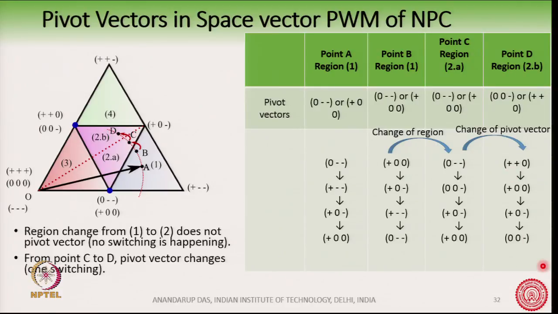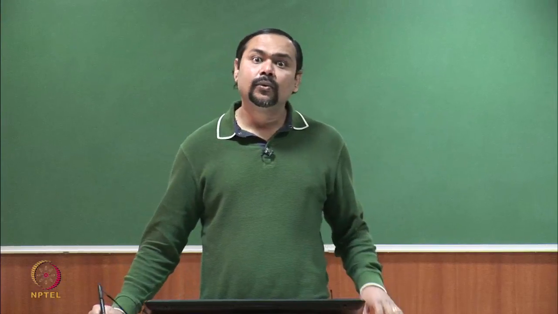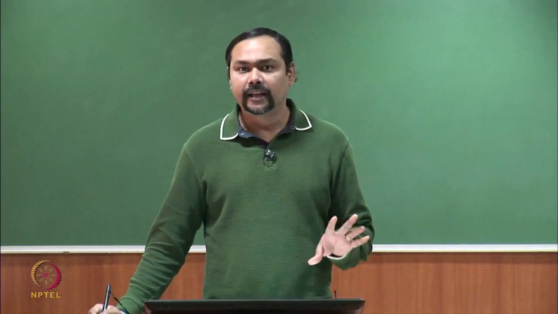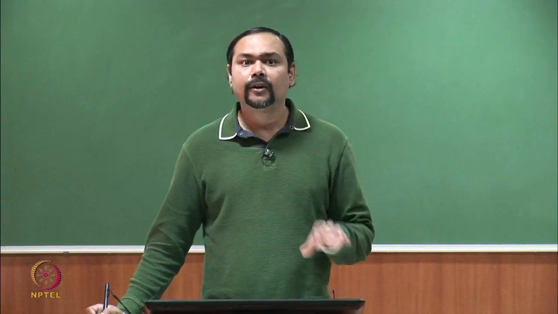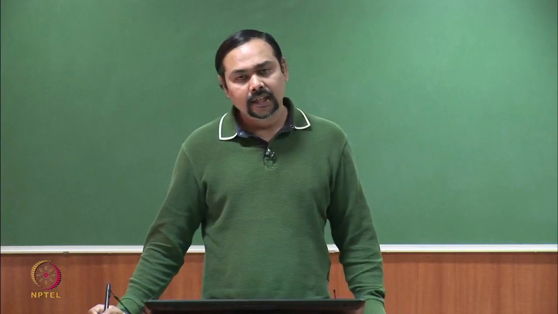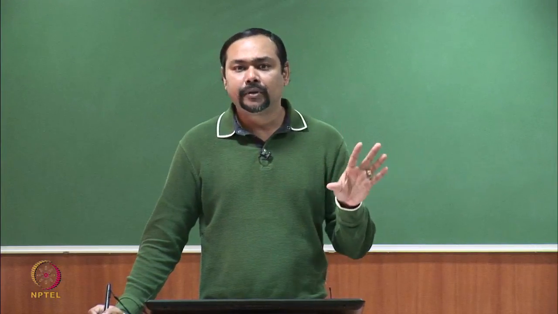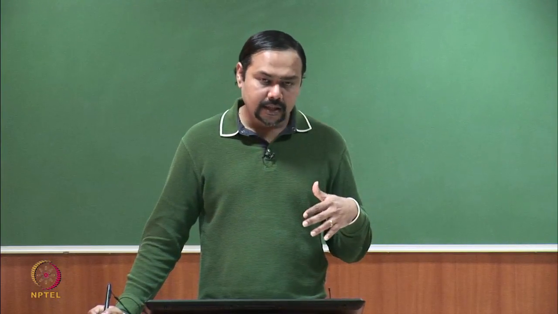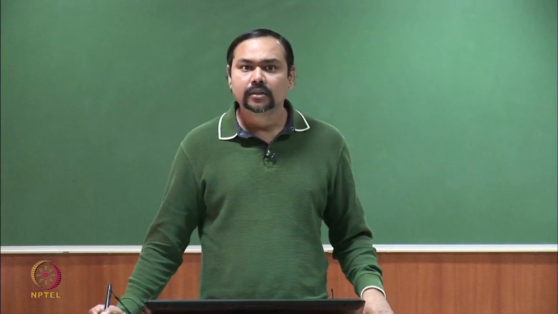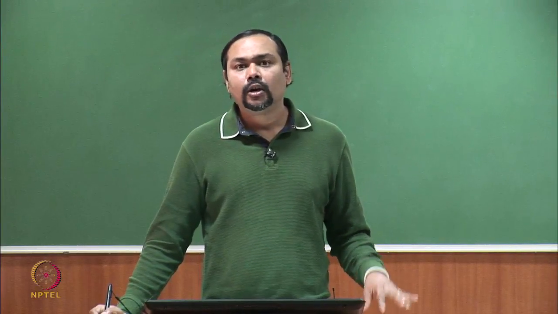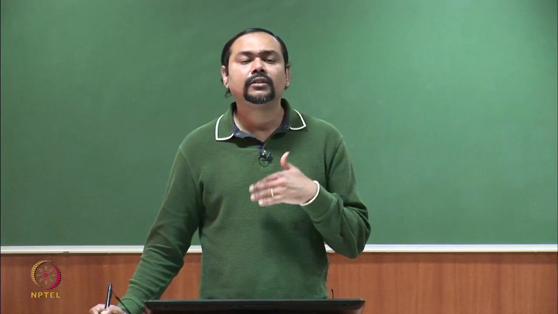Okay. So, this gives you an example of how we are switching, and we see that when we have a change of the pivot vector, we have one extra switching. Now, this is only one way of switching. I must admit that this is one way of switching that we have explained here. There can be infinite possibilities of switching, and extensive work has been done and many papers have been published on different types of switching on NPC.